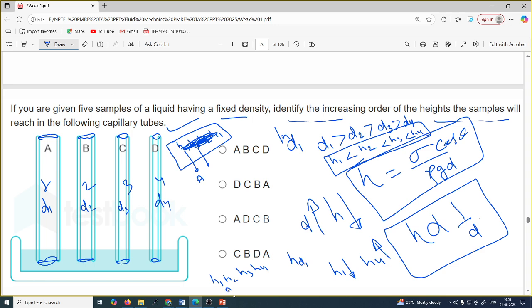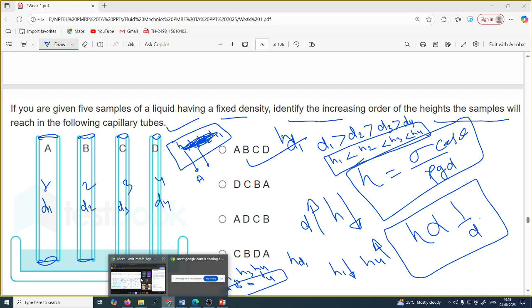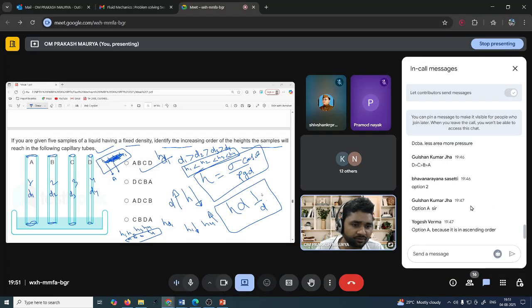So H1 corresponds to A, H2 corresponds to B, H3 corresponds to C, and H4 corresponds to D. So definitely the option A, B, C, D will be correct. Hope all of you got it. If everyone got it, you can write yes in the chat box. I'll move on, because this is a very important question. So you just write yes in the chat box if everyone got it. Okay, fine.